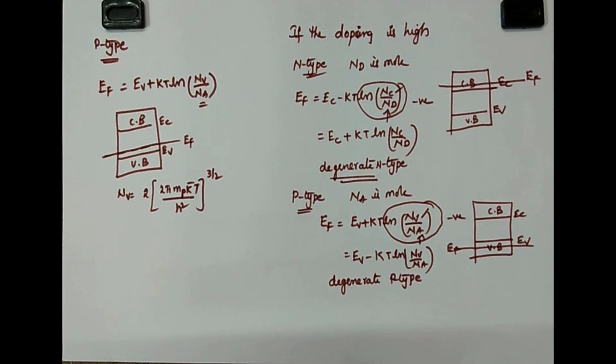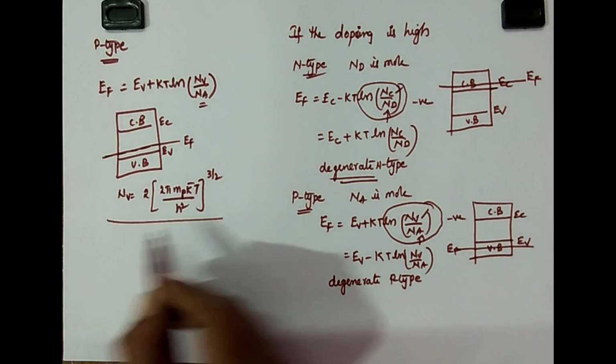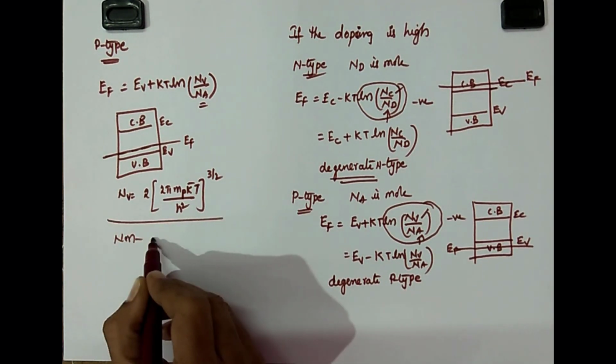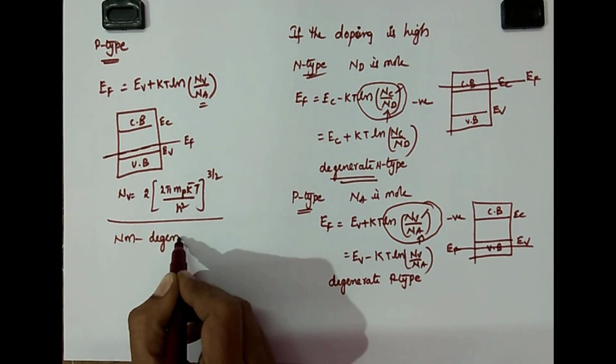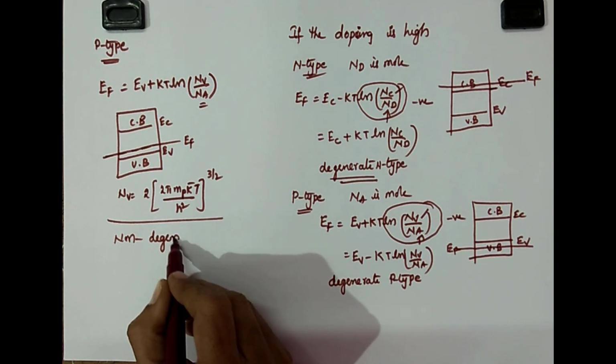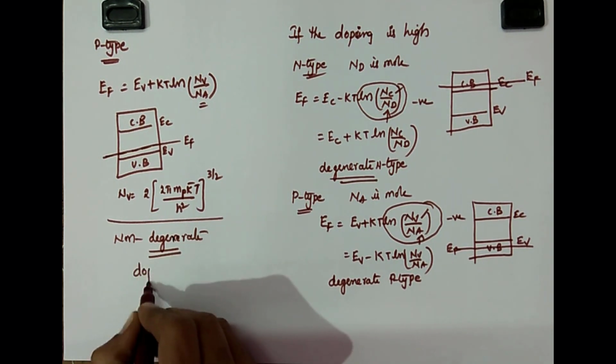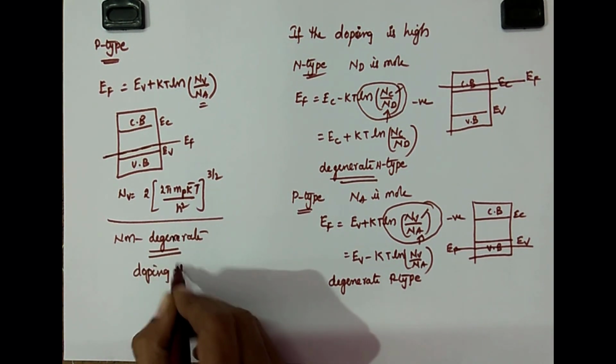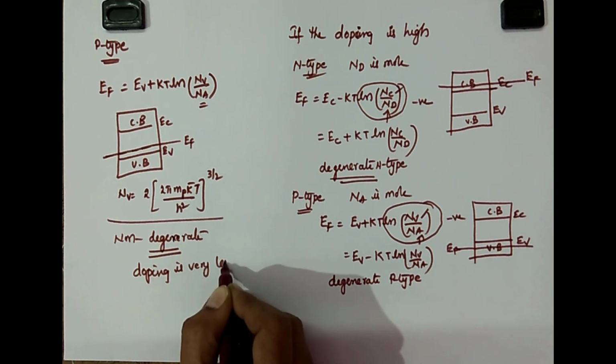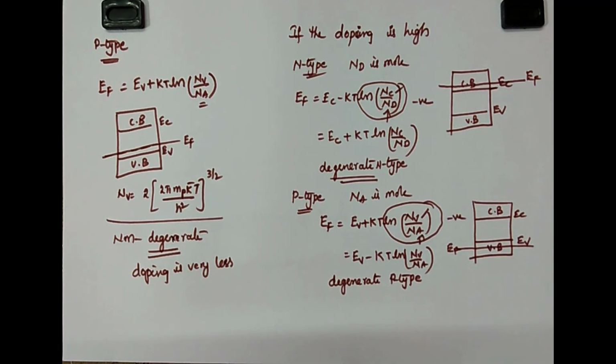Then there exists another one. What is that? Non-degenerate. What is meant by non-degenerate? Doping is very less. If doping is very less, what happens?